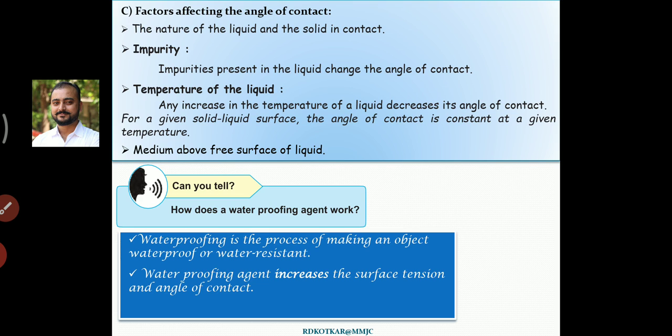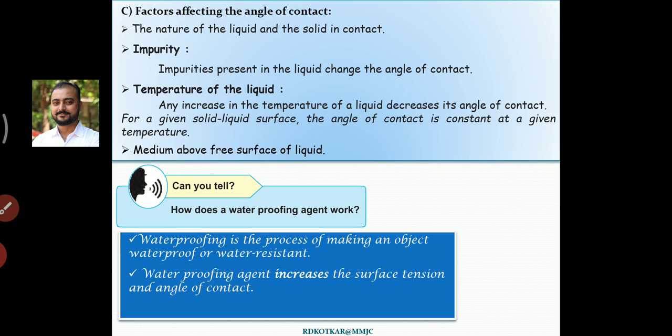It increases the surface tension and angle of contact. What happens here is that when the water comes in contact with the substance or object that is waterproofed, the angle of contact between them increases, and so it cannot wet the solid completely.